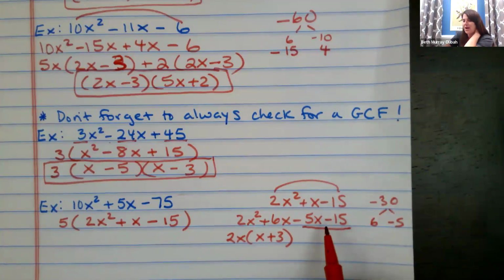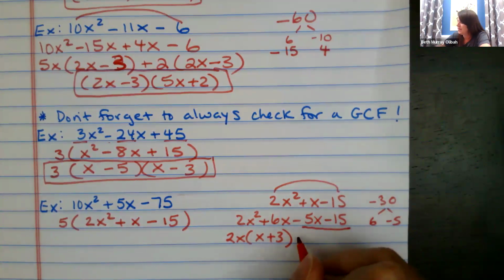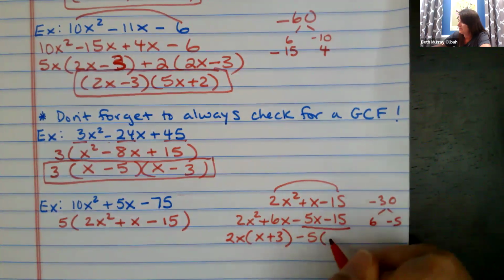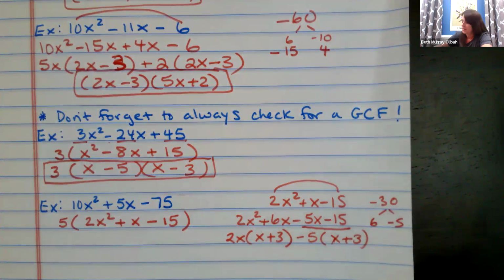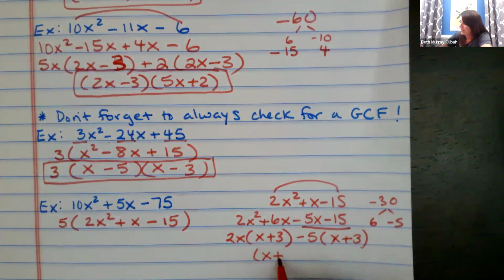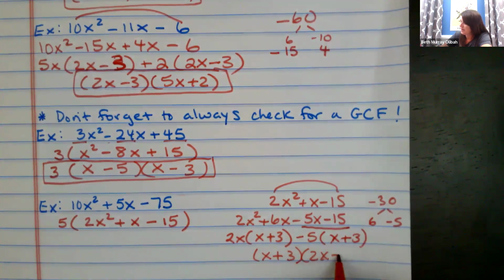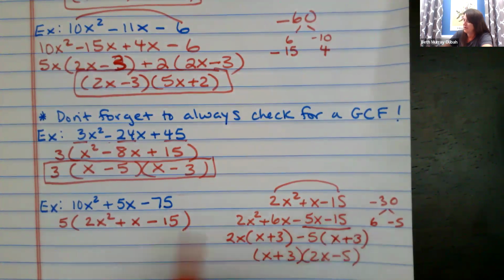But if you take out a +5, you'd end up with 2 negatives in the parenthesis. And I can already see that I want to have x plus 3. So instead of just taking out a 5, I'm going to take out a -5, and then that would do it. So now x plus 3 and 2x minus 5 is the answer to that part.